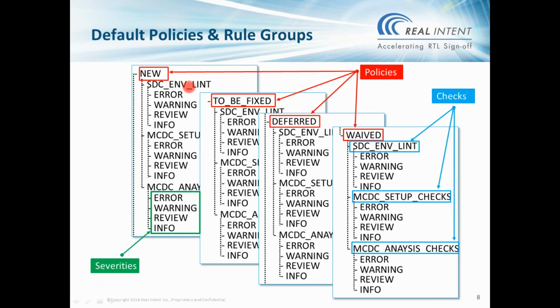Whenever rules are moved from one policy to another, to be moved from new to the to be fixed policy, or to the deferred policy, or to the waived policy, the rules are still visible.